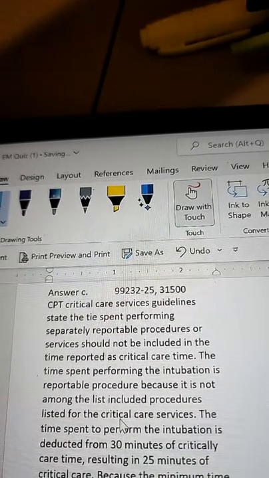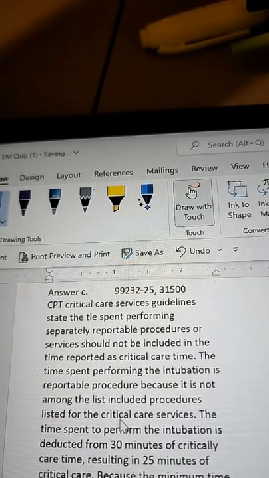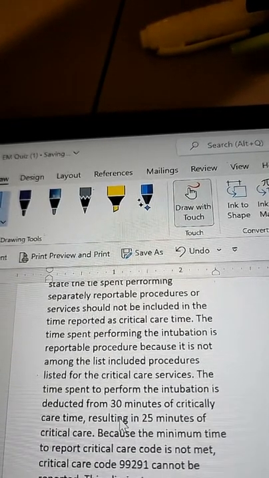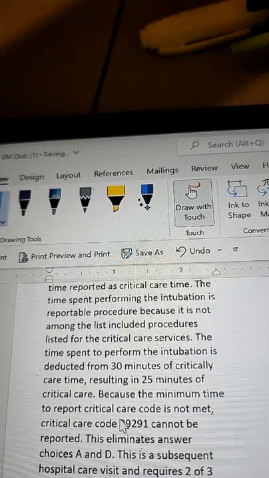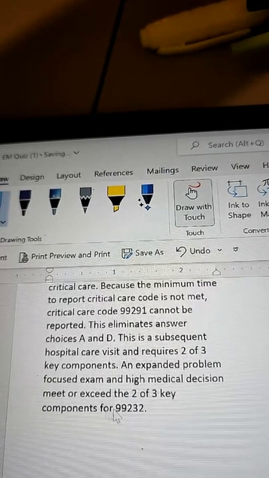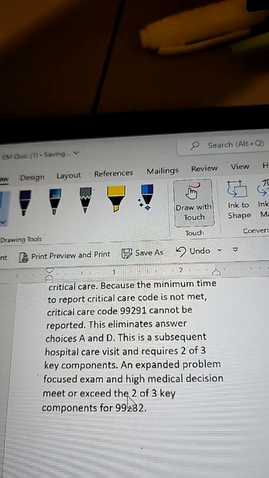Anyway, an expanded problem focused and a high medical decision making, 2 of the 3 key components, making the code 99232. Yeah. Anyway. Annie, so if the time was an hour, we could code correct.